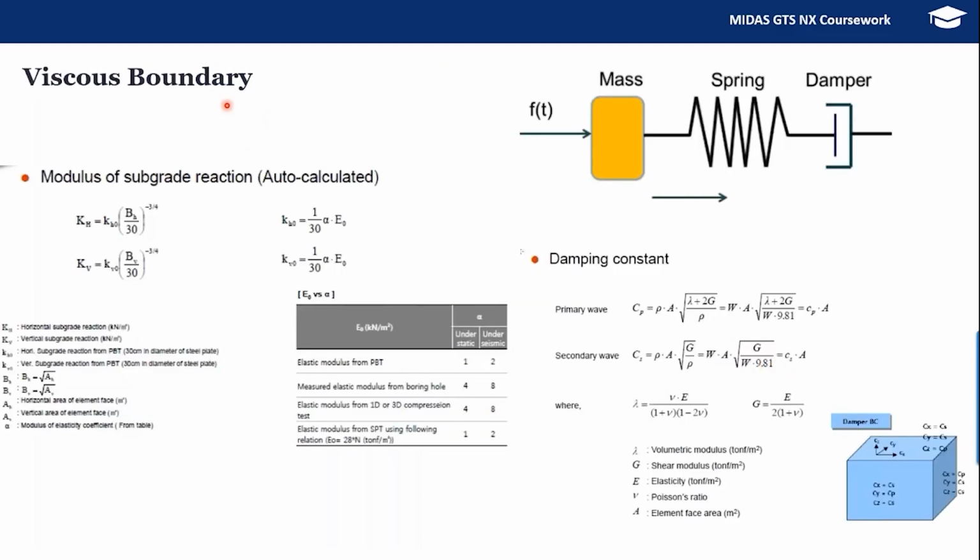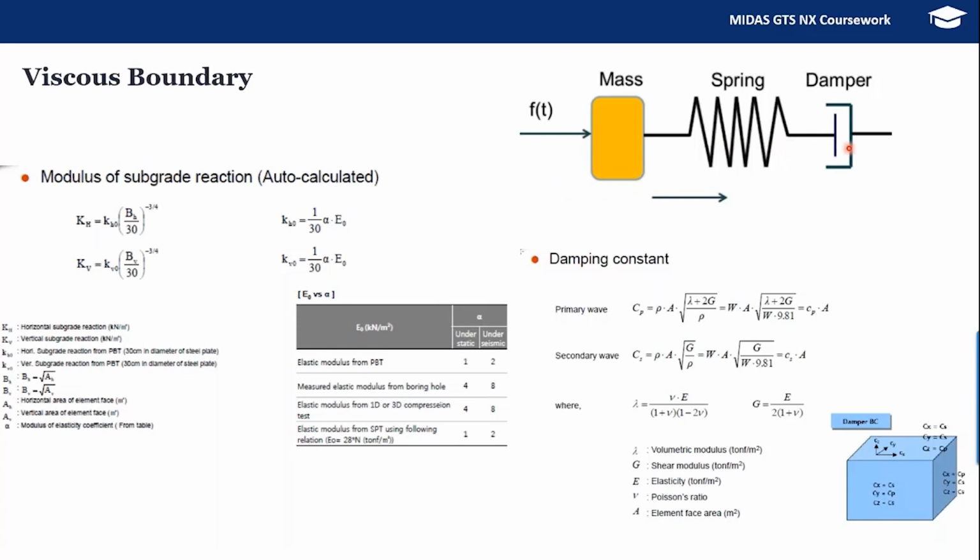So here we have a viscous boundary. All the vertical boundary nodes and the bottom boundary nodes will be applied with a mass, spring and dashpot system. All the waves that are coming to your spring and dashpot will get absorbed.